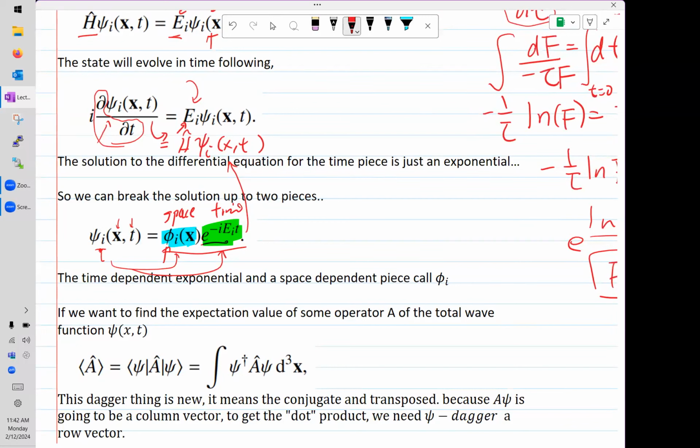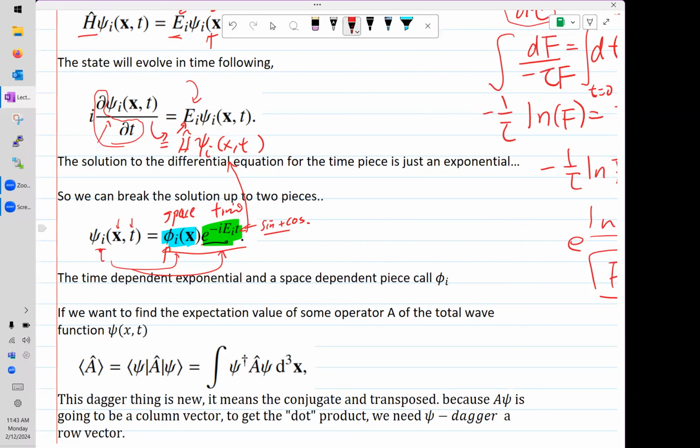The temporal piece is always going to be e to the negative i E t. You can think about that as kind of an oscillation because from Euler's equation, this is just a combination of sines and cosines. So there's this spatial piece that we still have to take care of.